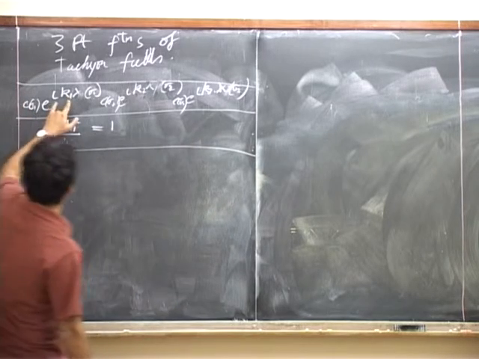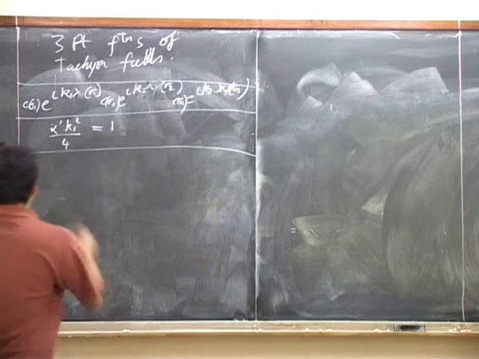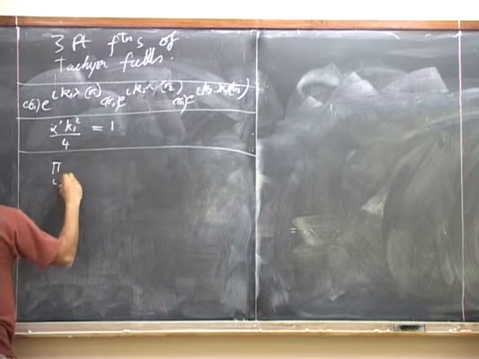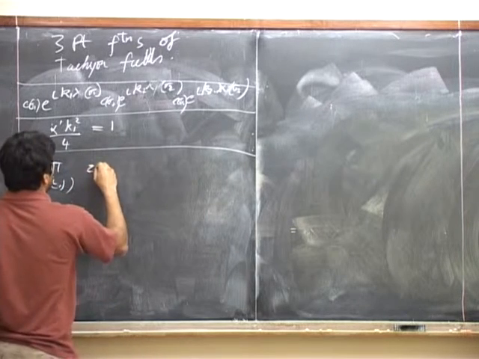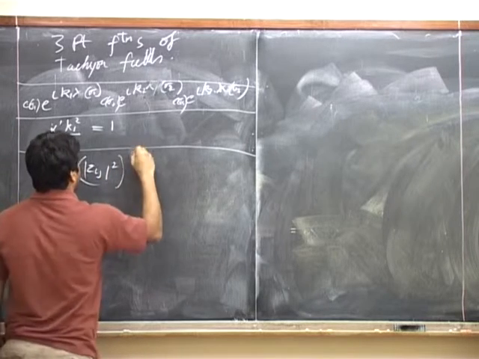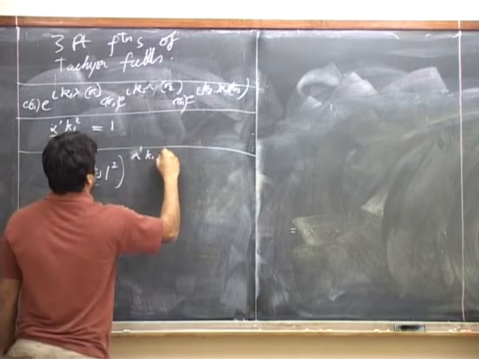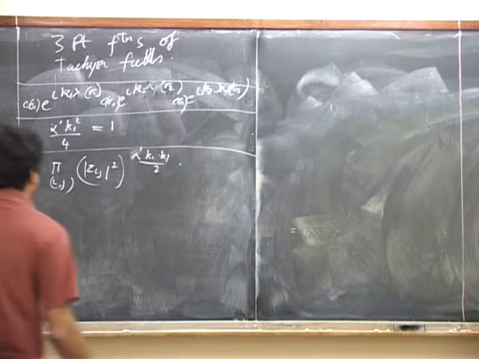Our general formula for the correlation functions of many products of e to the i k dot x's was the product over pairs i and j of the modulus of z_ij squared to the power alpha prime k_i dot k_j by 2. So this is the x part.